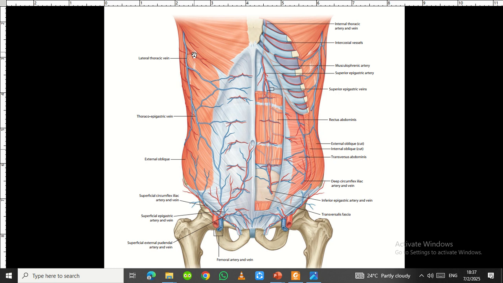That's zone number 2. And zone number 3, which is this portion and this portion, is going to be supplied by those four lumbar arteries coming from the abdominal aorta, as well as the 10th, 11th, and 12th posterior intercostal arteries, as well as the deep circumflex iliac artery.